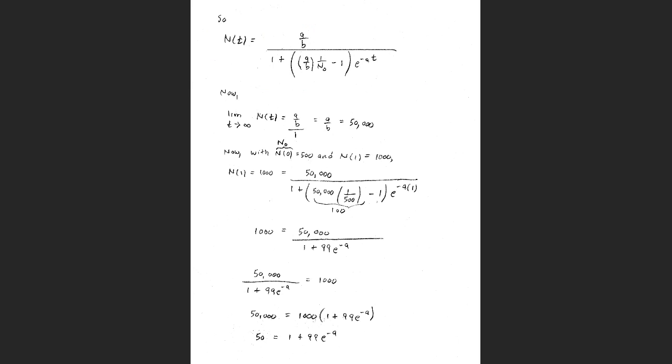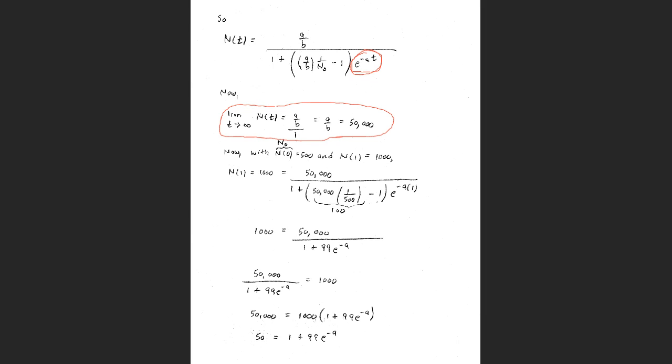As t goes to infinity, what's going to happen to e to the negative 8t power? What does that function approach? Good, everyone. It approaches 0. So the limit of n of t as t goes to infinity is equal to a over b over 1, which is a over b, which is 50,000.